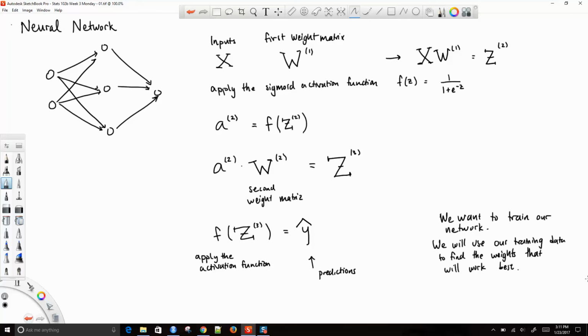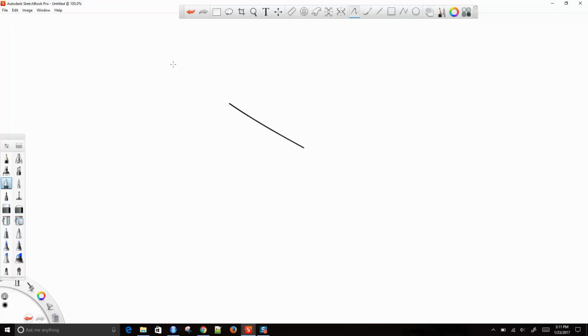We're going to use gradient descent to figure out the weights. So all of these equations are the forward propagation, to train the weights.